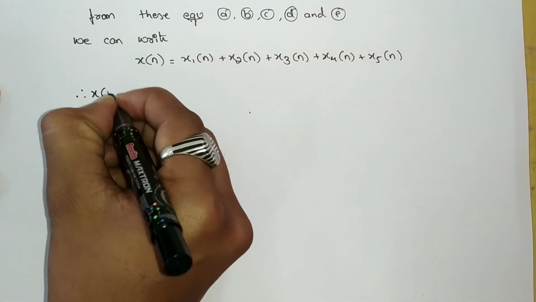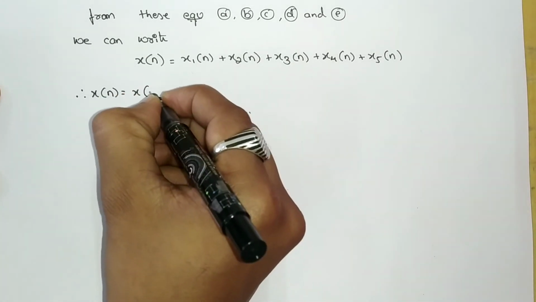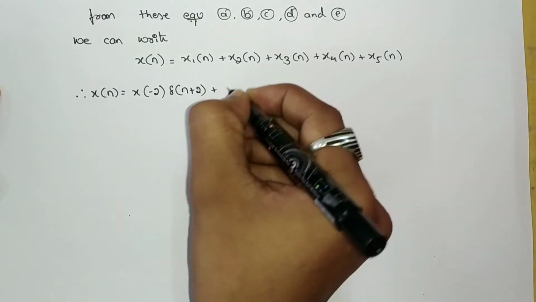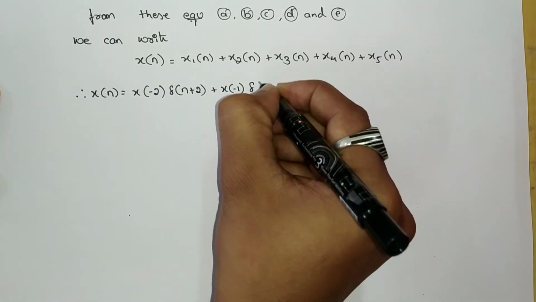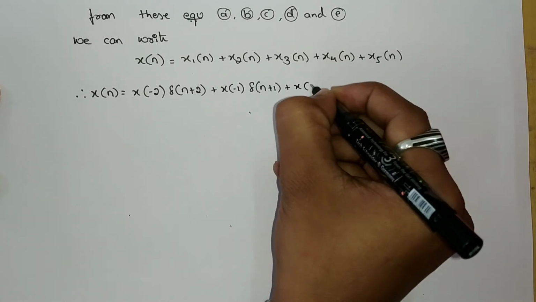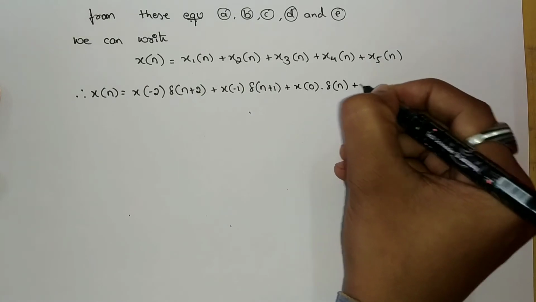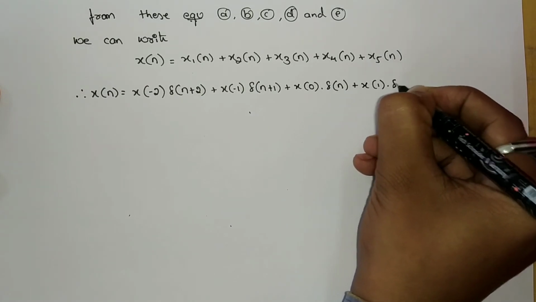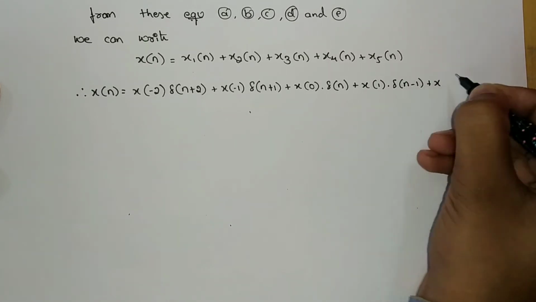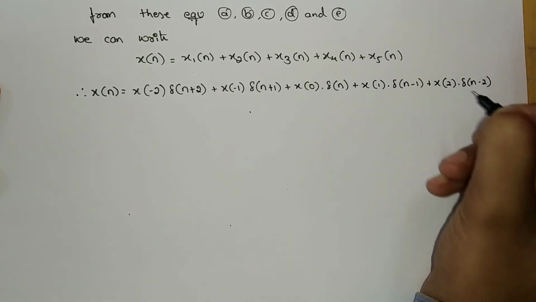Therefore x of n can be written as x1 of n is x of minus 2 into delta of n plus 2, plus x2 of n was x of minus 1 into delta of n plus 1, plus x3 of n is x of 0 into delta of n or delta of n plus 0, plus x of 1 into delta of n minus 1, plus x5 of n is x of 2 into delta of n minus 2, right?